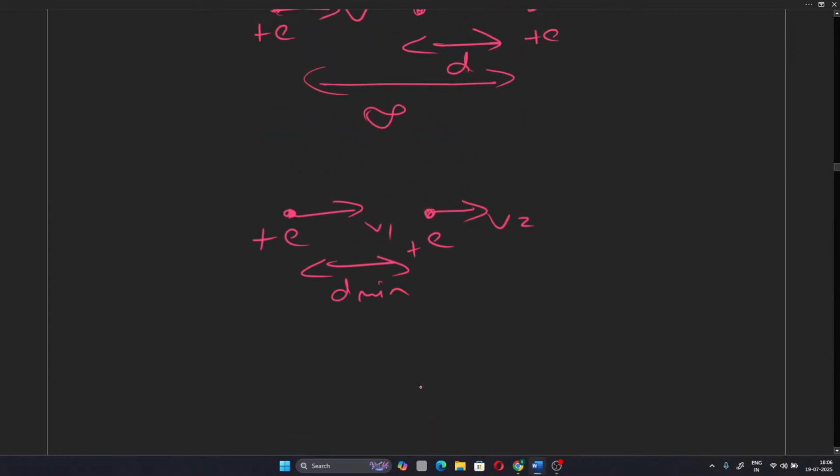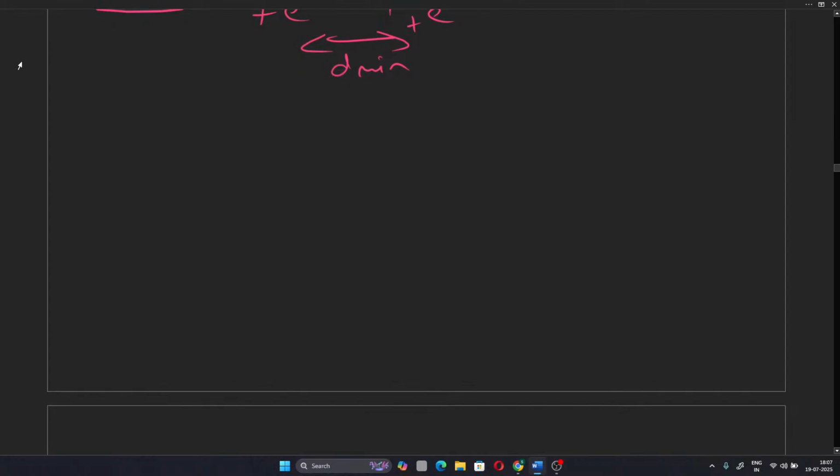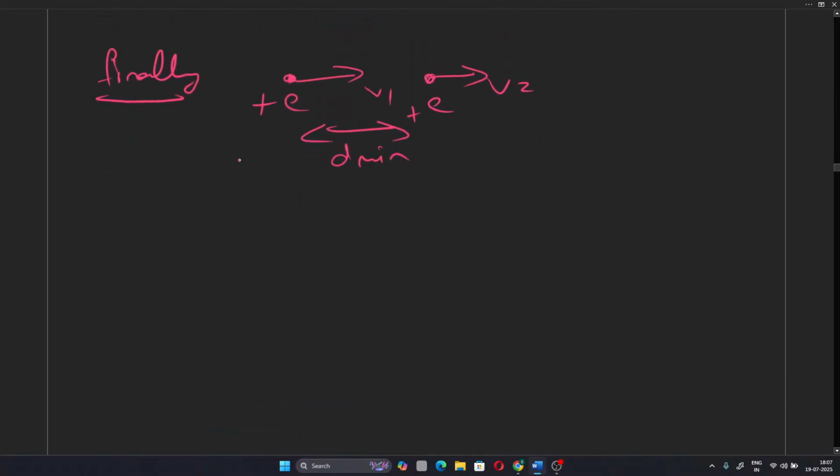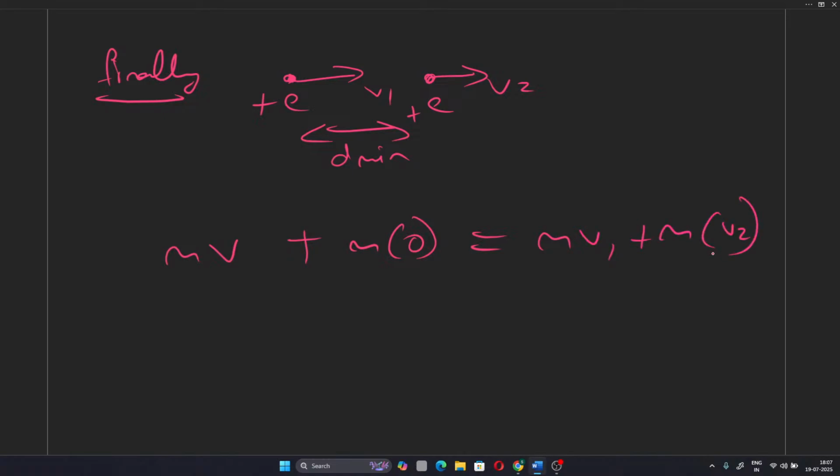Now based on this, initially and finally, the momentum should be same, so it should be mv, which equals mv plus mass into zero velocity, the other one was 0, equals mass into v1 plus mass into v2.